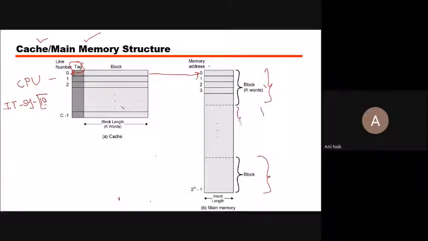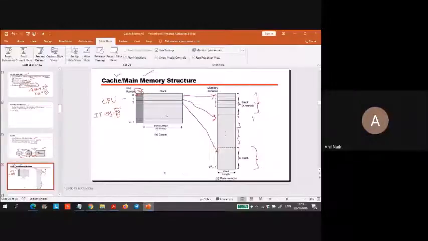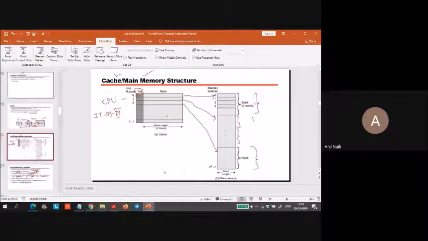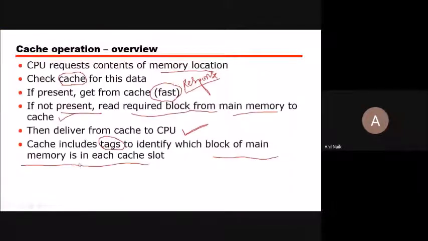So here there are so many blocks, and this particular one will be available in this block, this particular line. Okay. So cache includes the tags to identify which block of main memory is in the cache slot.